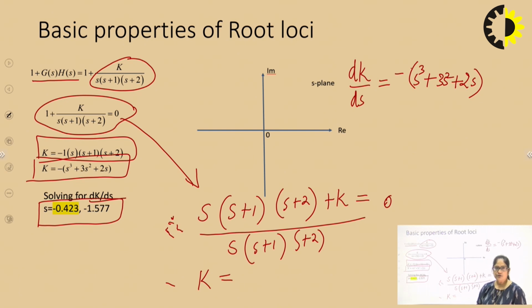So there are two solutions here, and because breakaway points lie on the real axis, these are the two real values.